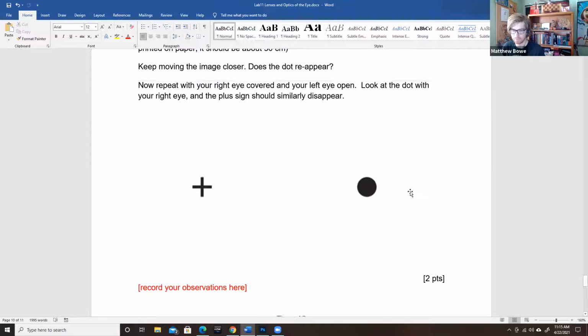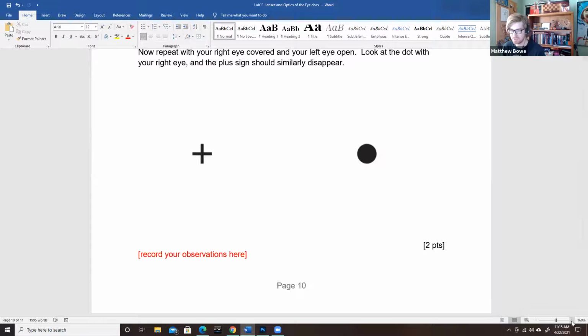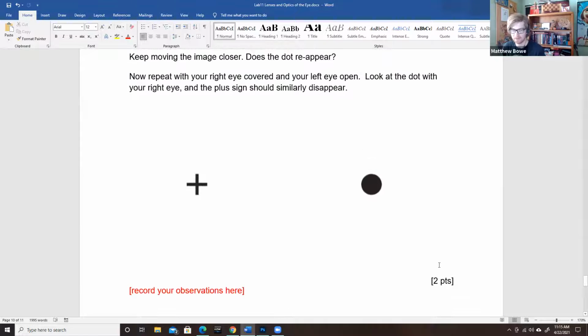It says to cover your left eye and look at the cross on the left of the screen. Once you do that, you're going to move your head either farther back or a little bit closer. And there should be a point where maybe this dot on the right will disappear.